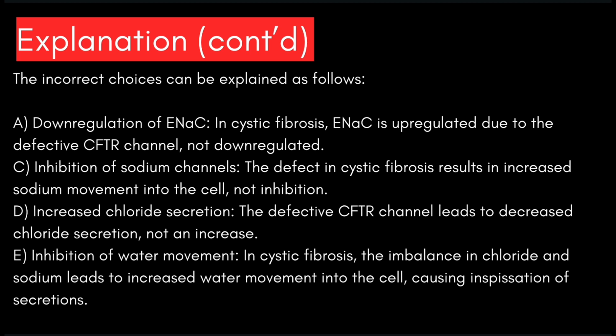The defective CFTR channel leads to decreased chloride secretion, not an increase. Inhibition of water movement. In cystic fibrosis, the imbalance in chloride and sodium leads to increased water movement into the cell, causing inspissation of secretions.